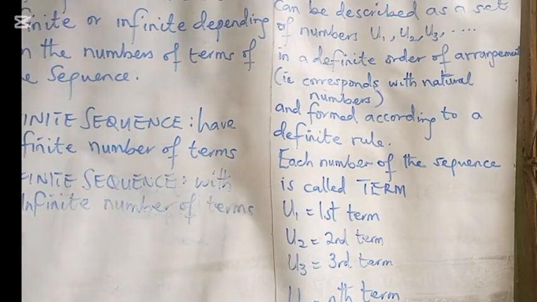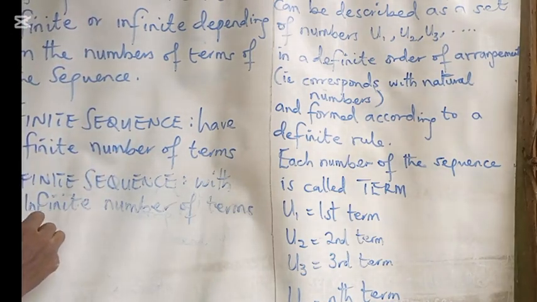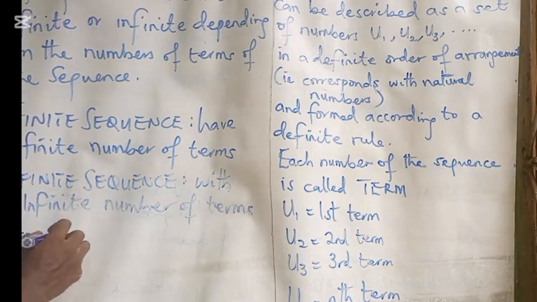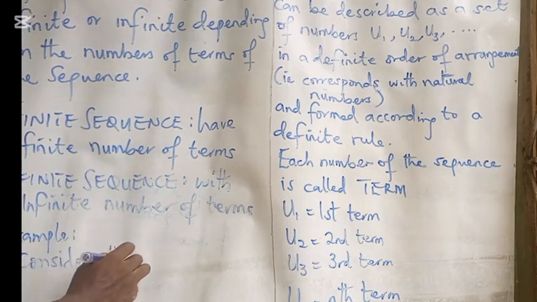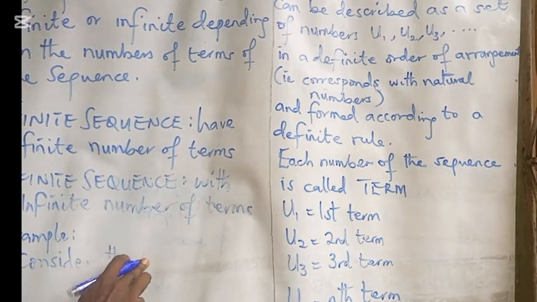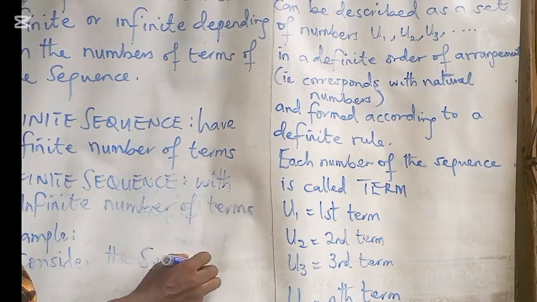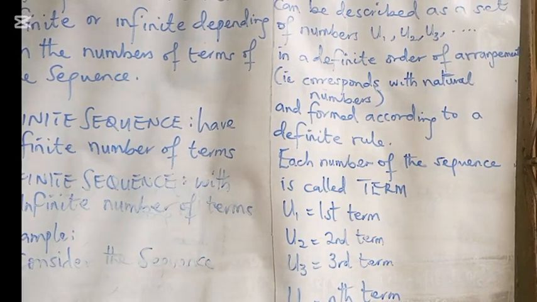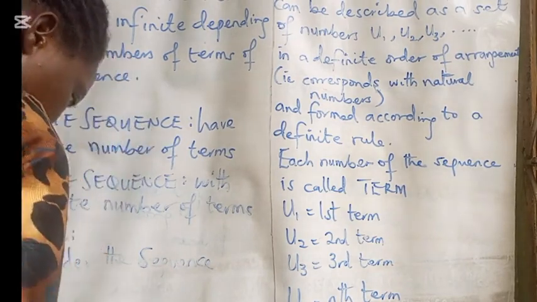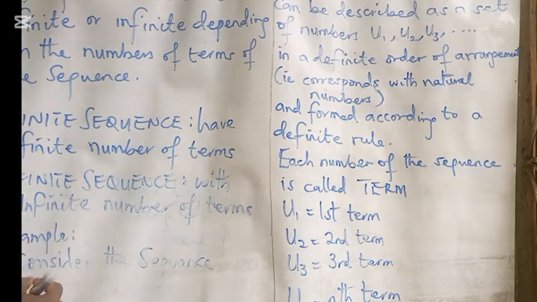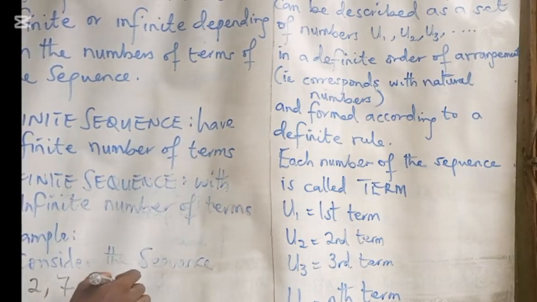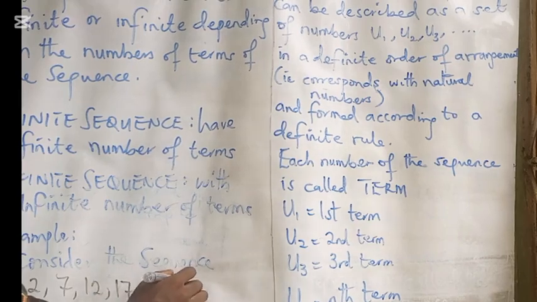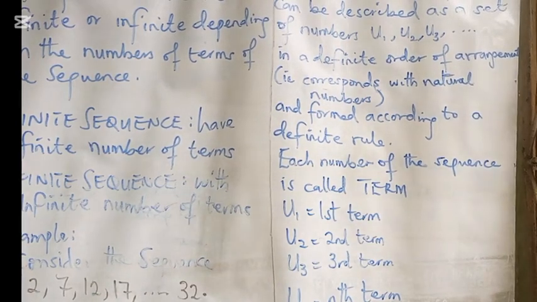For example, let's look at this sequence. Consider the sequence 2, 7, 12, 17 down to 32.